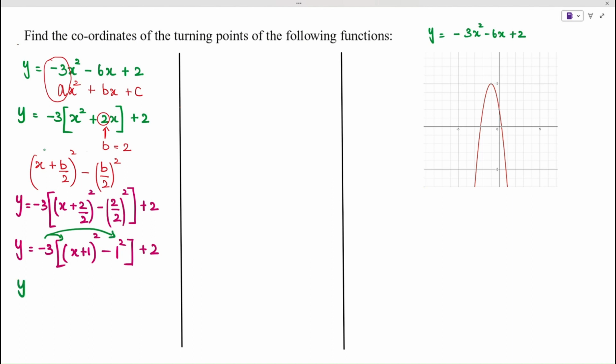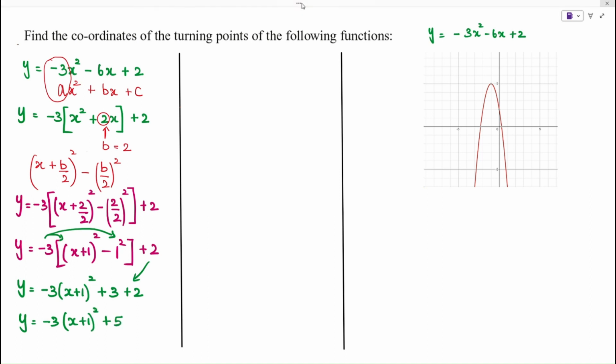And so for that we get y is equal to minus 3 times x plus 1 the whole squared plus 3 plus 2. And so if we simplify it further, we get y is equal to minus 3 times x plus 1 the whole squared plus 5.